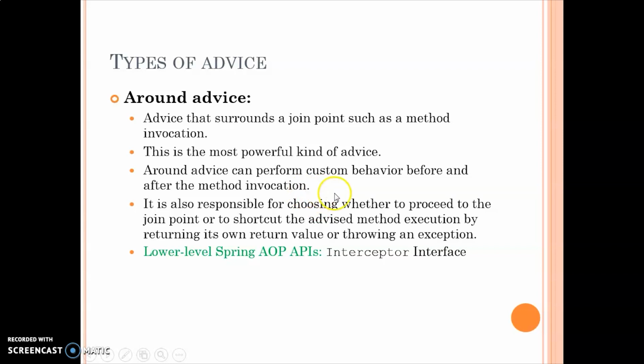Also, it is a very powerful way of implementing advices. Also, this allows you to customize your behavior, because there is a method inside this interceptor interface called proceed. Okay, I repeat, there is a method called proceed inside this interceptor interface which allows you to customize your behavior. That is, what do you want to do before and after the method invocation. You can customize that behavior.